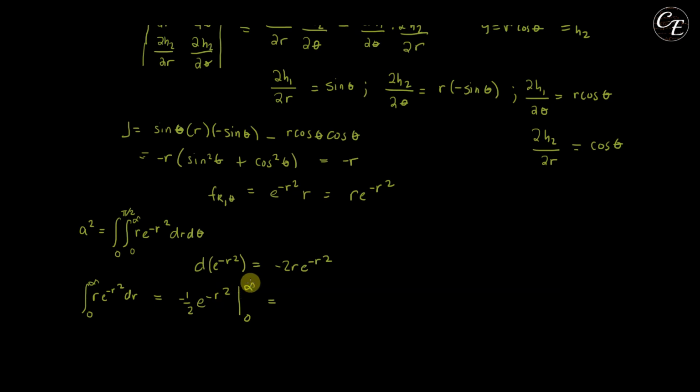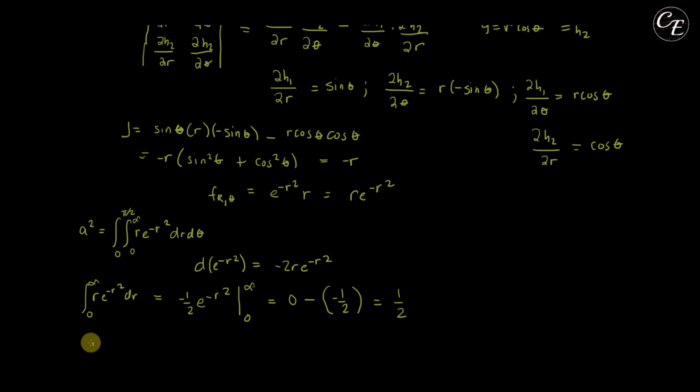If we substitute infinity for r, we'll get e raised to negative infinity, which is 0, then minus. When we substitute 0 for r, we'll get e raised to negative 0 or e raised to 0, which is 1, so we'll get negative 1/2, and with the negative and minus becoming plus, we'll have 1/2.